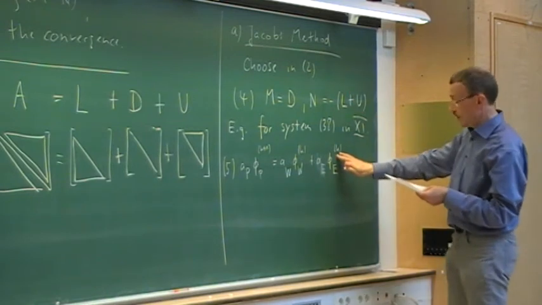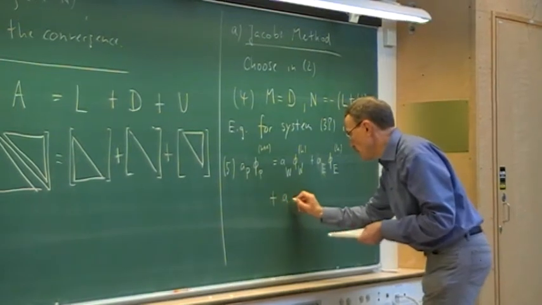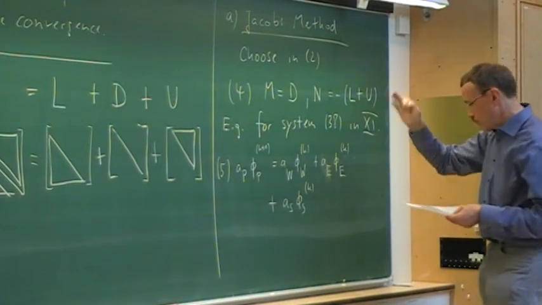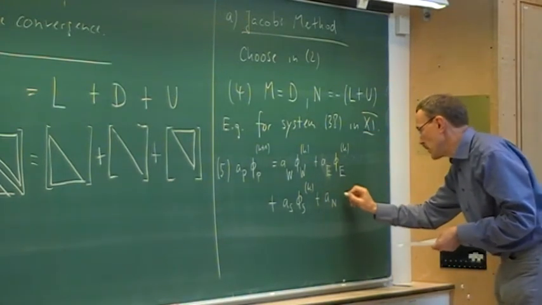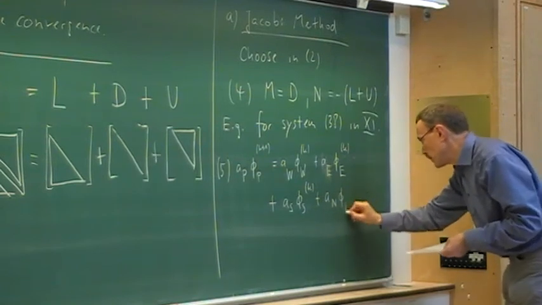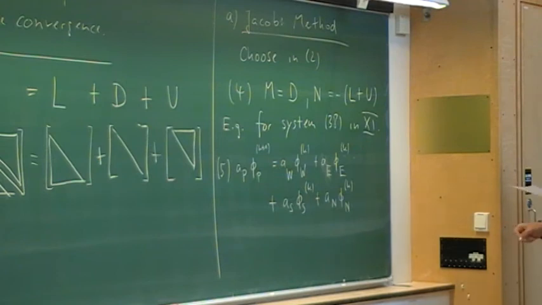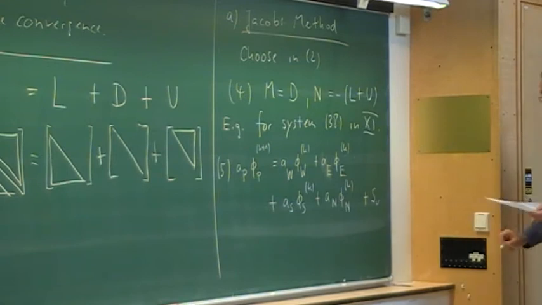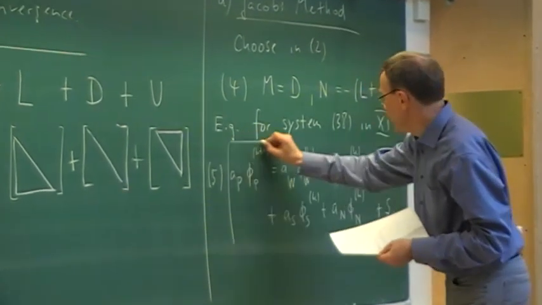So they are at the old iteration level. And likewise the phi S, that also belongs to the lower part, and the AN, that will belong to the upper part. That is, they are all at the old iteration level. And we have then, say, some part from some uniform part of the source term. So you see, this method is very, very simple.